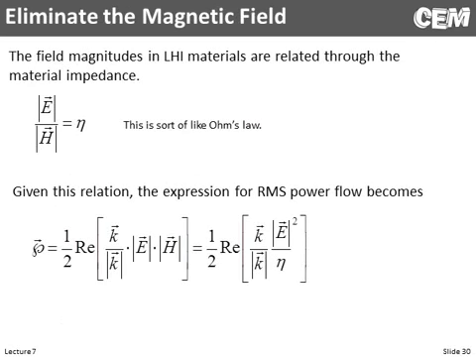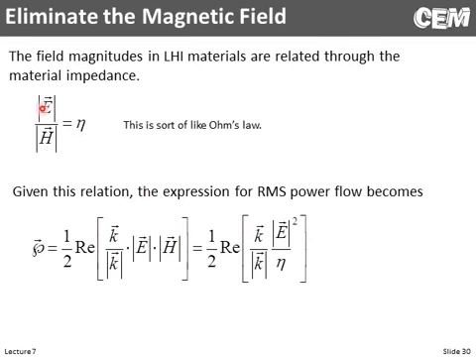Now we're going to eliminate one of the variables. And we could choose either or. In this case, I'm going to eliminate the magnetic field. But if we are talking about a plane wave, the magnitude of E and the magnitude of H are related through the material impedance. So E over H is this material impedance. Kind of think of that like Ohm's law, where E is sort of voltage, H is sort of current. Voltage over current gives you impedance.